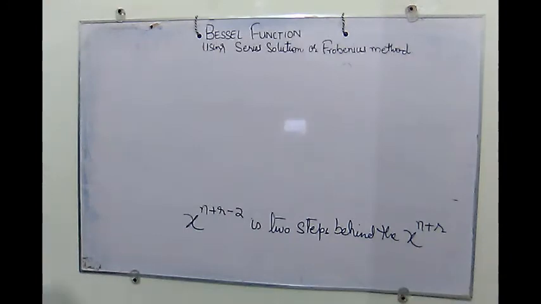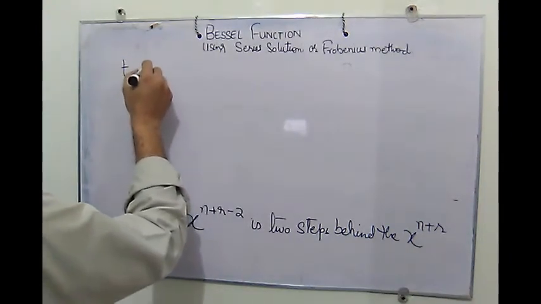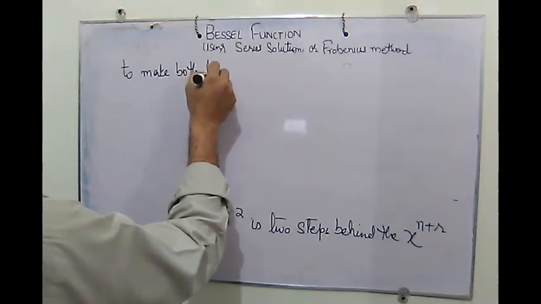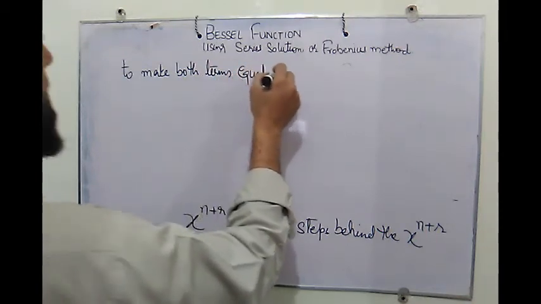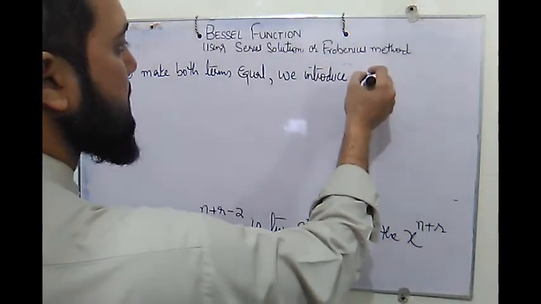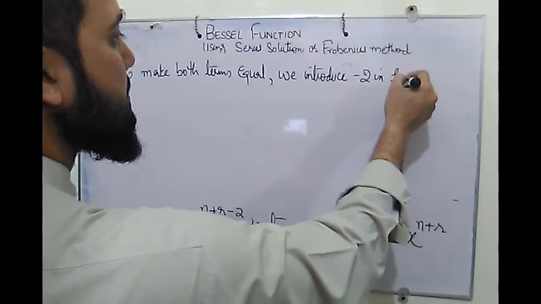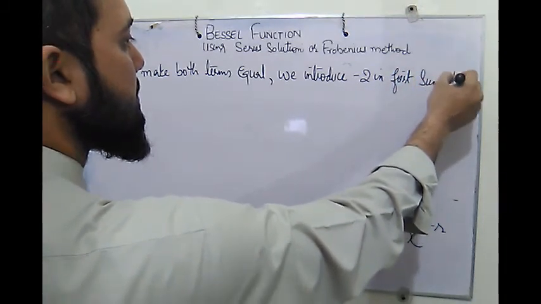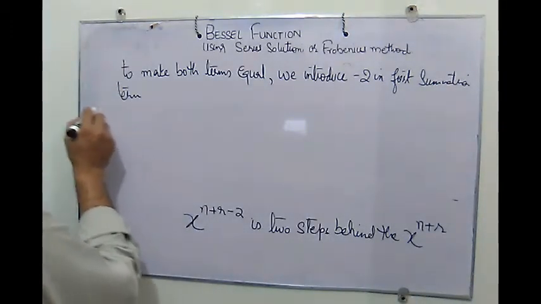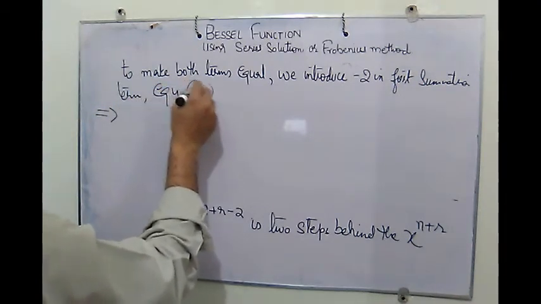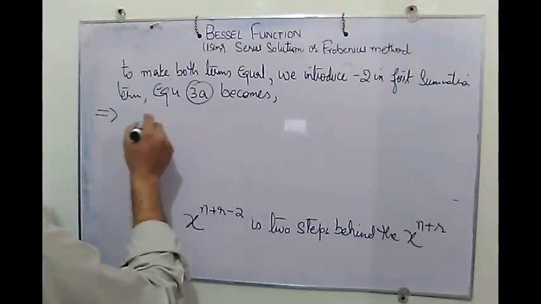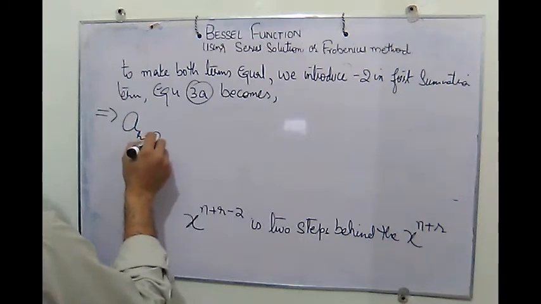So by taking this fact, in the first summation term, equation 3a becomes a into n plus r plus 2.